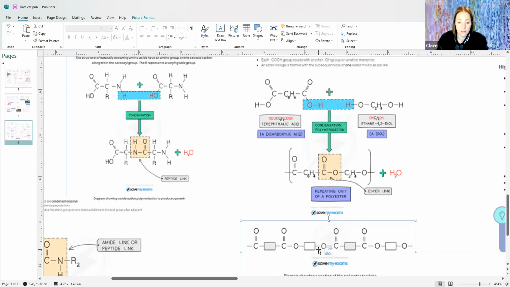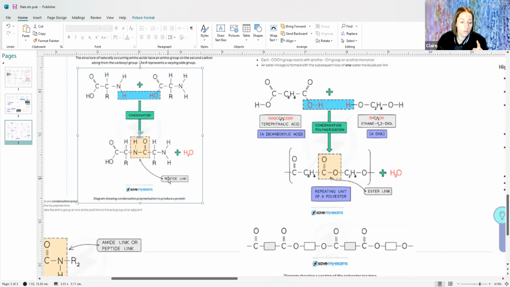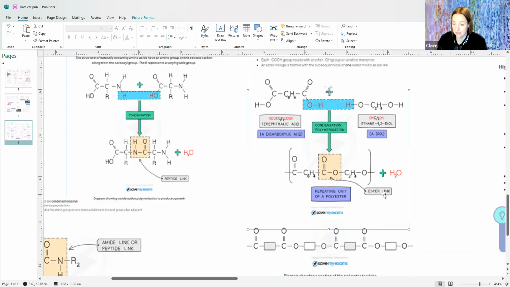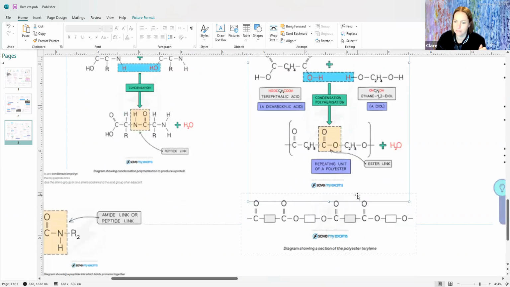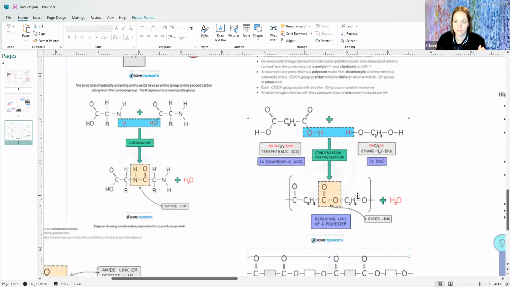The last thing I'm going to say, don't forget to learn about which one's a peptide link, which one's an ester link. Peptides, remember, proteins and amino acids, PP. Ester link is your carboxylic acid and ethane making an ester. Know the names of those, it might crop up, you might need to know.